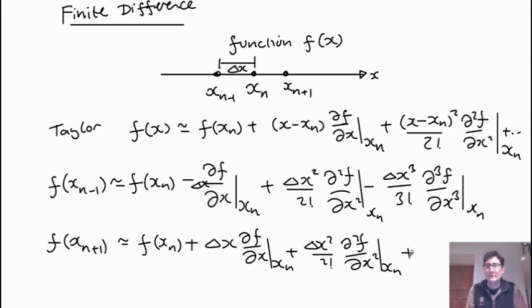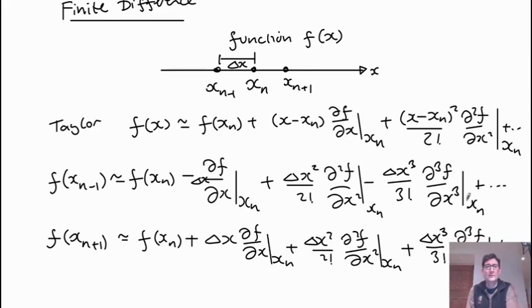And then here we also have delta x cubed over 3 factorial, the third derivative of f at xn. And then these both continue, obviously, into higher terms.